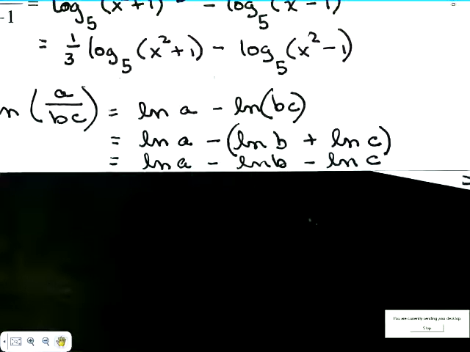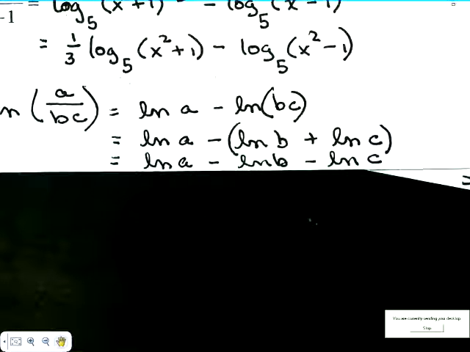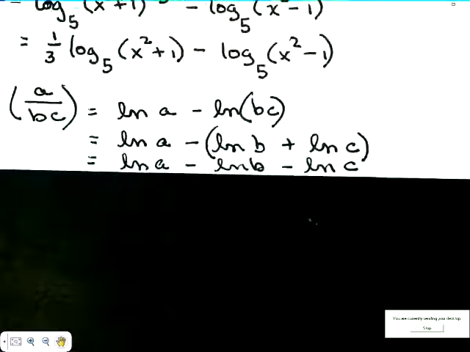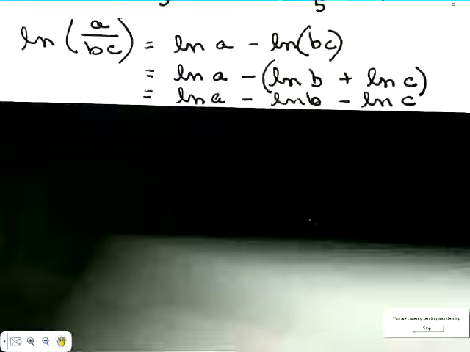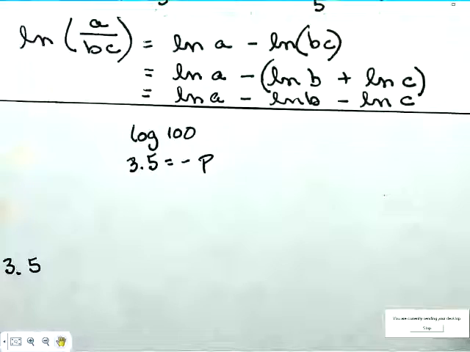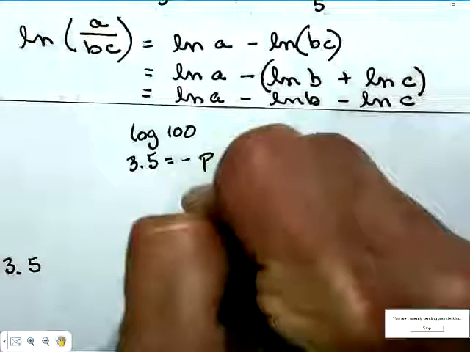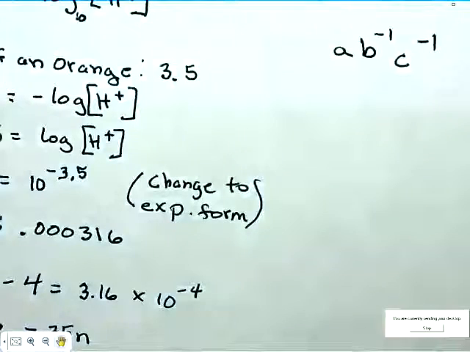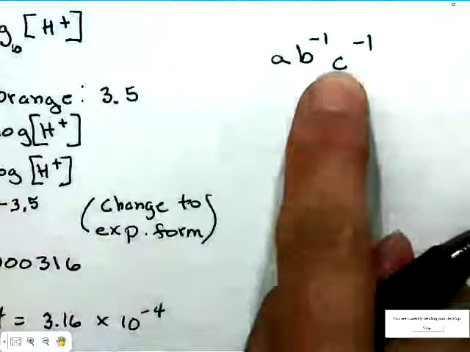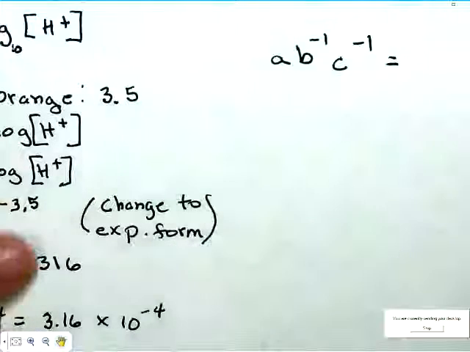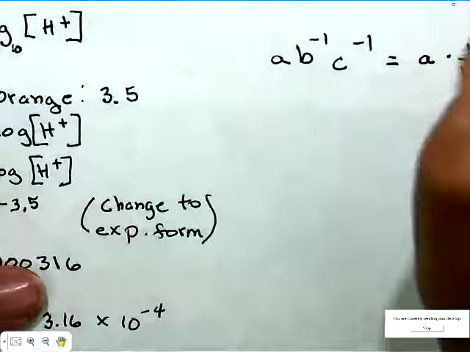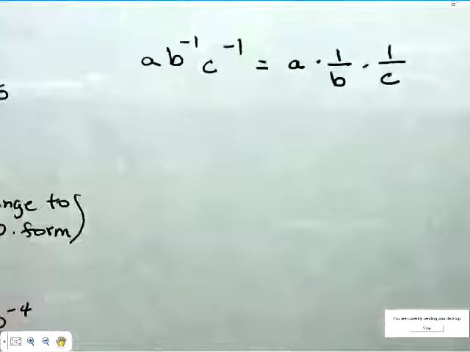Let me remind you of something that you learned about negative exponents. When we were talking about negative exponents for the very first time, if you saw A times B to the negative 1 times C to the negative 1, for example, then you would have probably said that means A times 1 over B times 1 over C, because that's what the exponent negative 1 means.